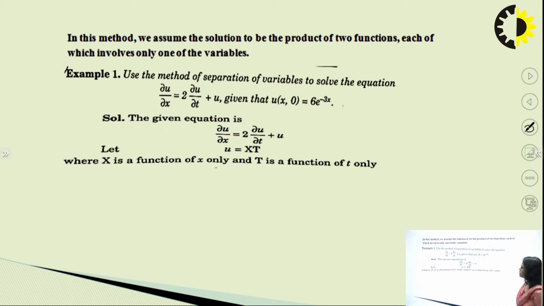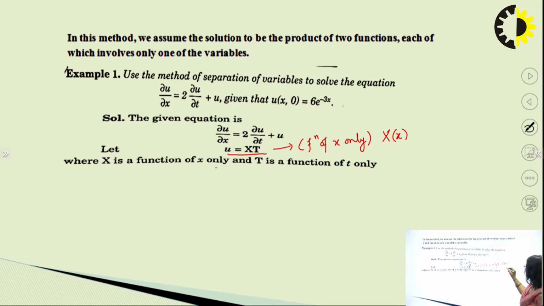Now, suppose we consider the solution of the equation to be u equal to XT, where this capital X means a function of x only. We can also write this as capital X bracket small x.